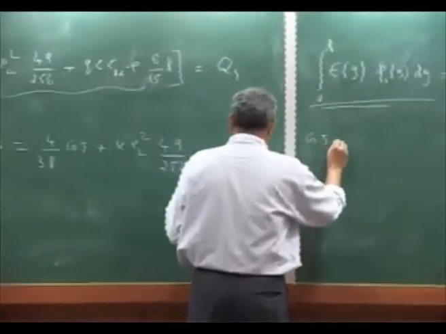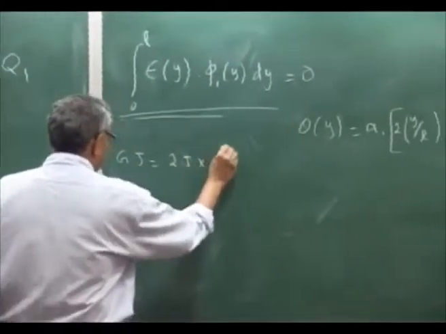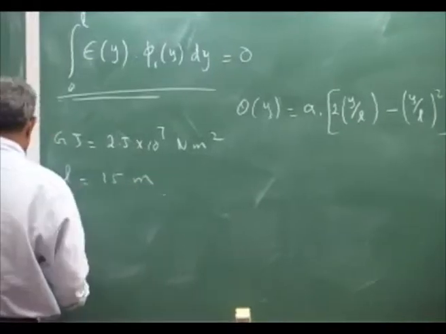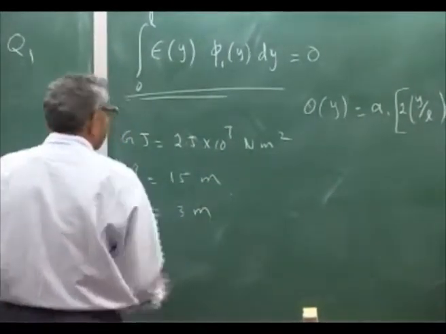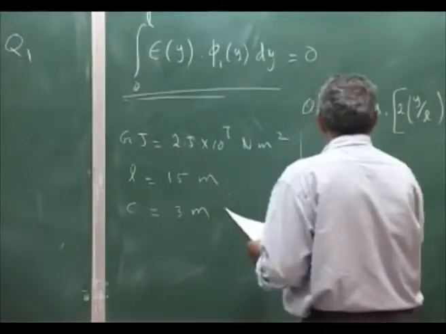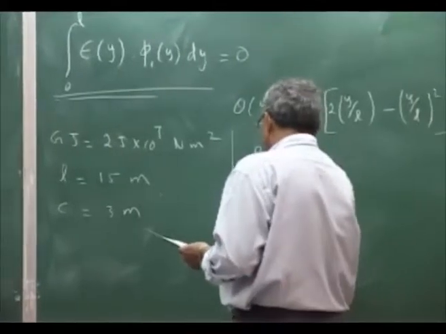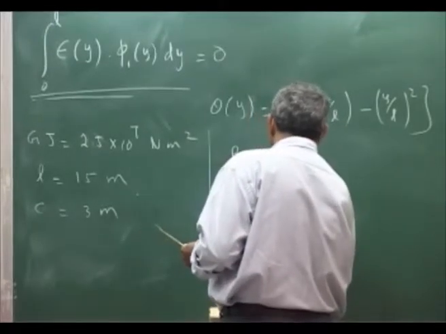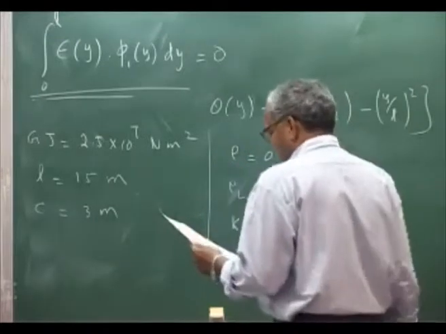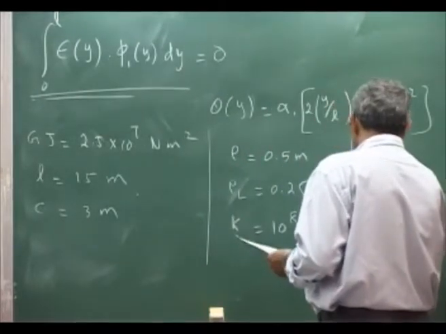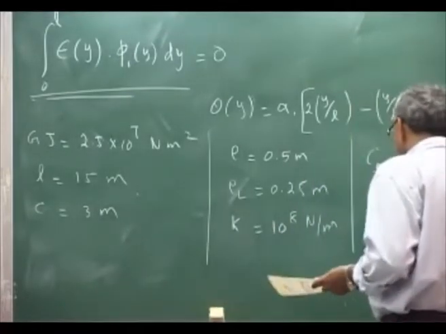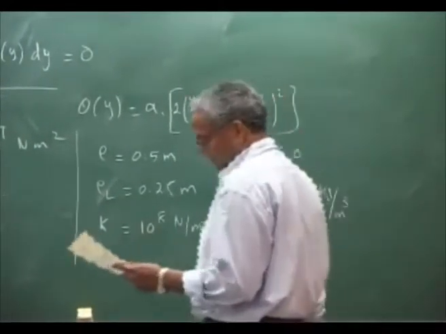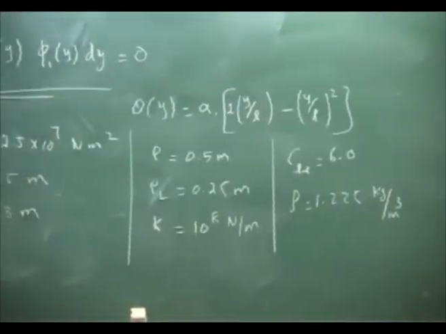Gj is 2.5 into 10 to the power 7 Newton meter square, and the length is 15 meters, and chord 3 meters, and offset E is 0.5 meters, and EL is 0.25 meters, and the spring K is 10 to the power 8 Newton per meter, and Cl alpha is 6.0, and density is 1.225 kg per meter cube. Okay. So I have given all the values.